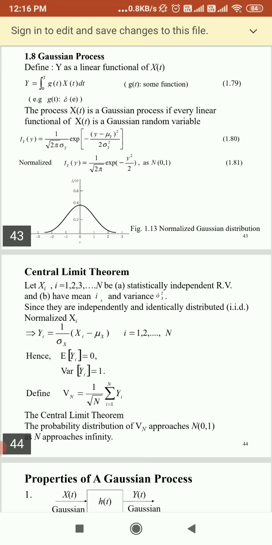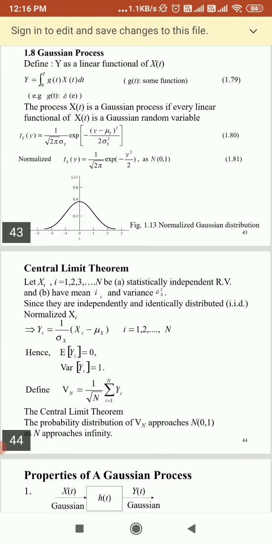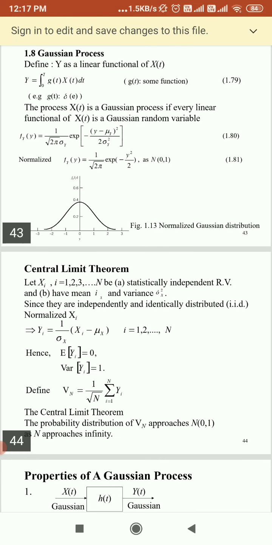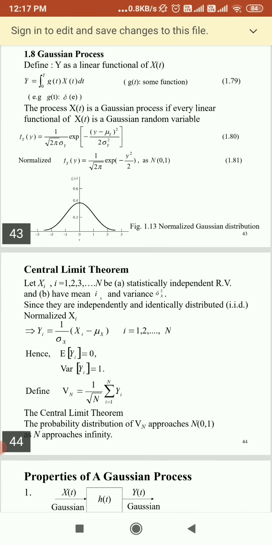So here, if we are taking one example, like if we are talking about the electrons movement. Each electron's movement in a device is random in nature and it will act as a source of current independently.